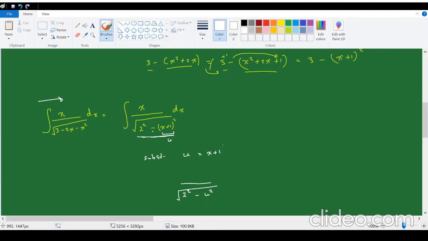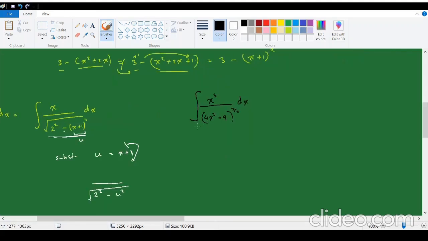Okay, well, before proceeding with the answer for this integral, let me recall the previous problem that we did. That is this integral. I think we did this one in video number 6, right?